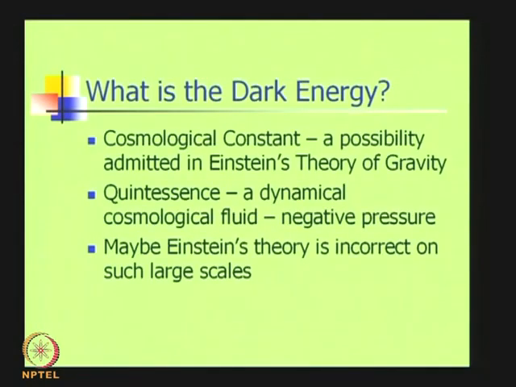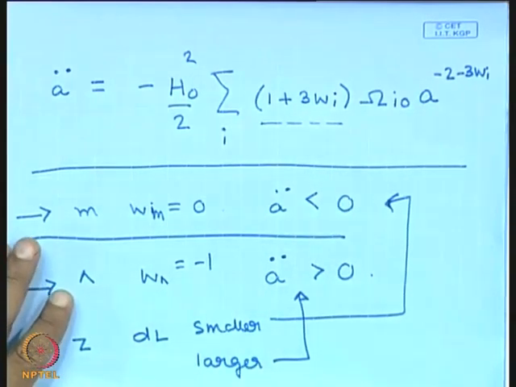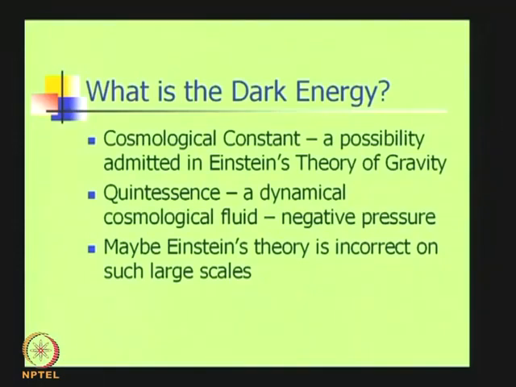So this component of the universe which has got negative pressure is referred to as dark energy. Okay, is referred to as dark energy. So we have already learned about dark matter.